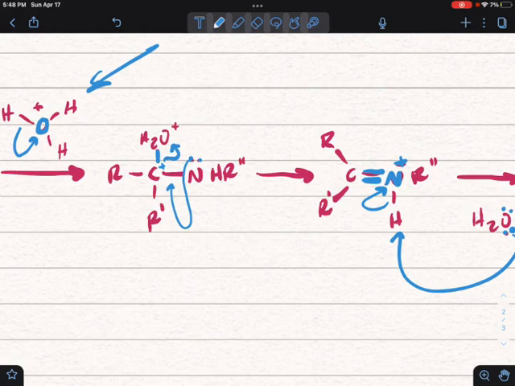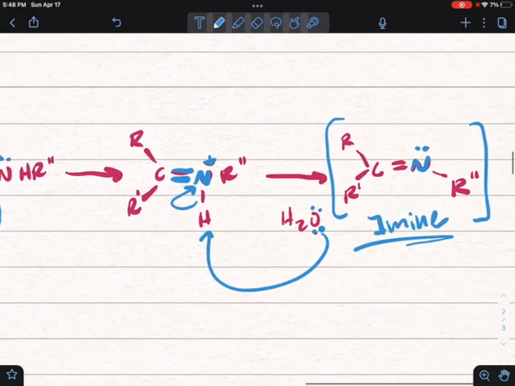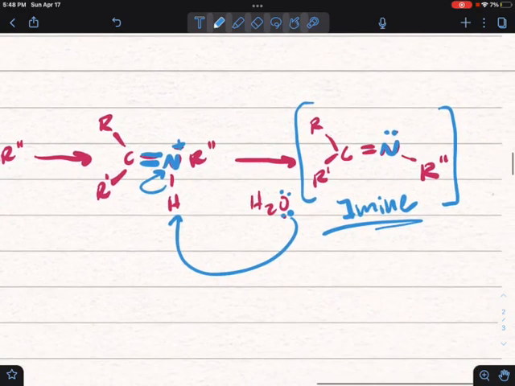And then once that water leaves, this carbon will be positive because it's missing a bond. So to compensate for this, like we did before when we were forming the enamine, the electrons from the nitrogen will move to form a double bond connected to the carbon. And we will get this. And that's fine, except now the nitrogen is unstable, so we need to lose a bond.